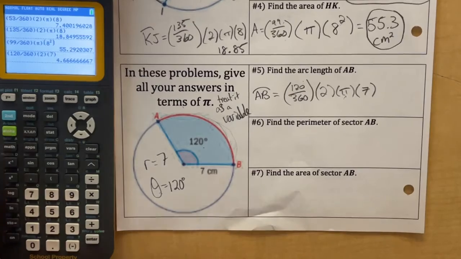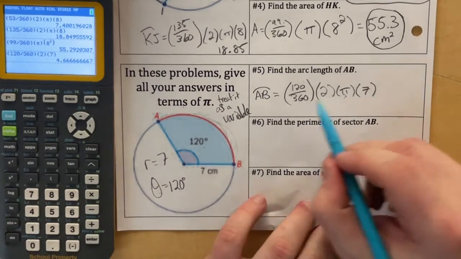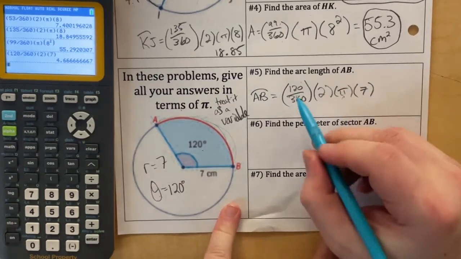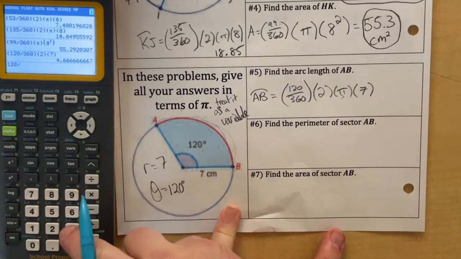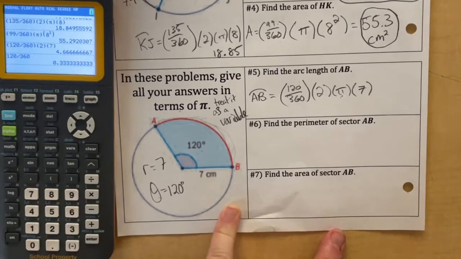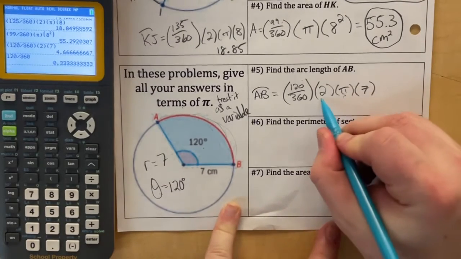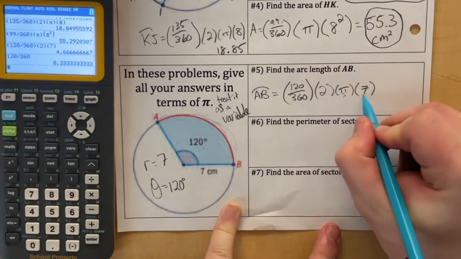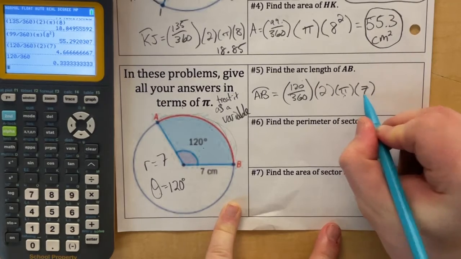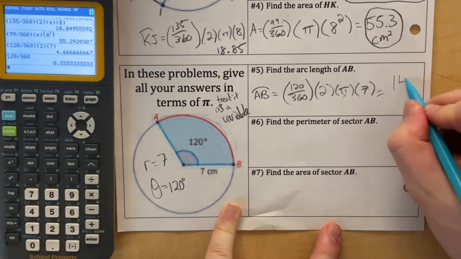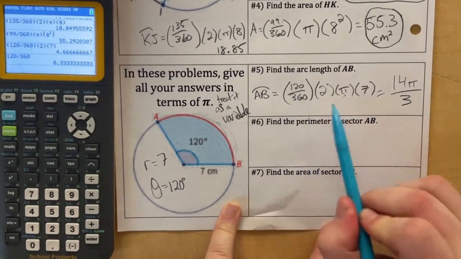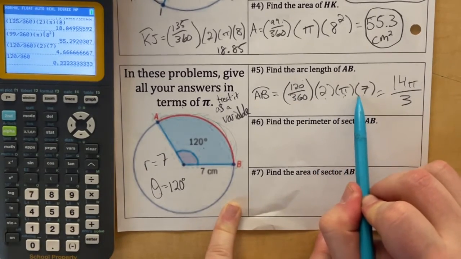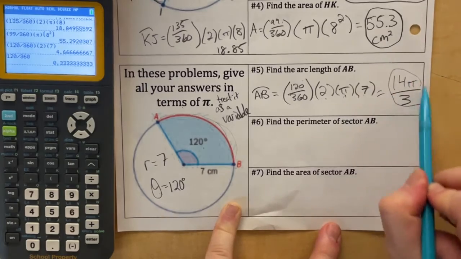What I can also do is say this. 120 over 360, that's the same as 1/3. So I can write it like this. 2 times 7 is 14, and then I can have 14 pi over 3, since this is about 1/3, and then 2 times 7 is 14 times pi is how we get our answer.